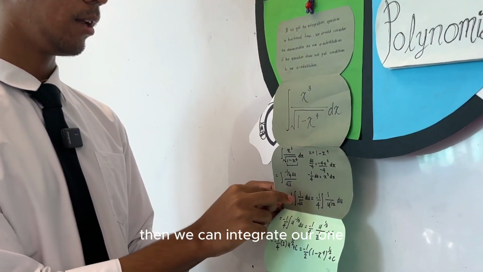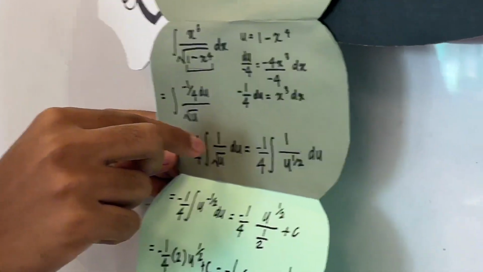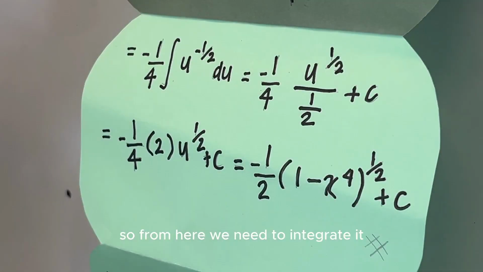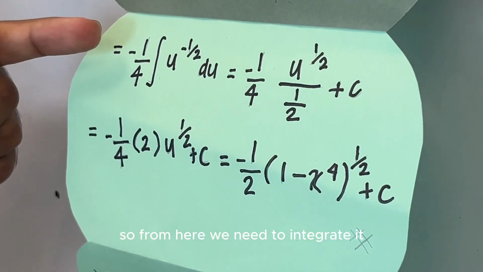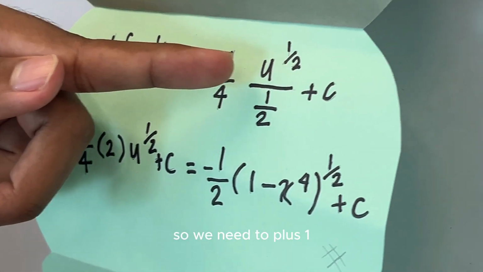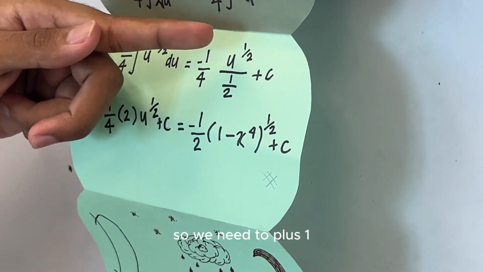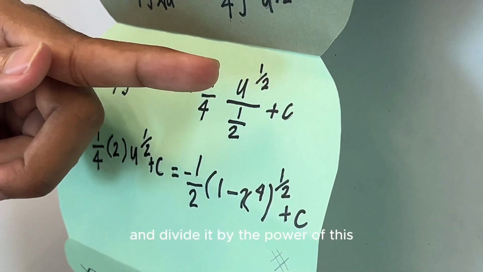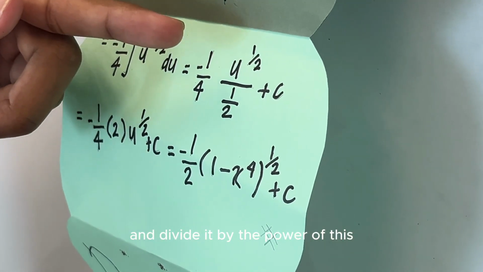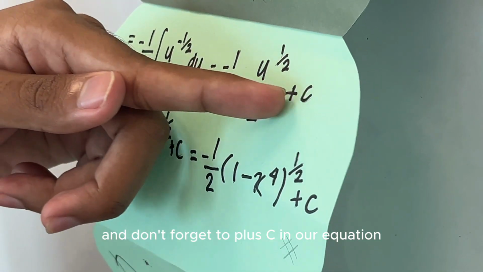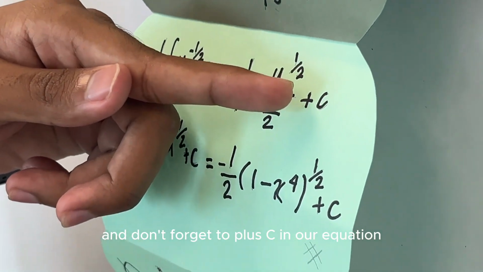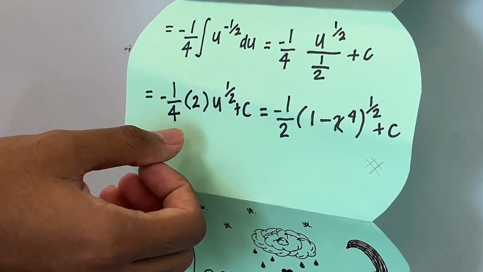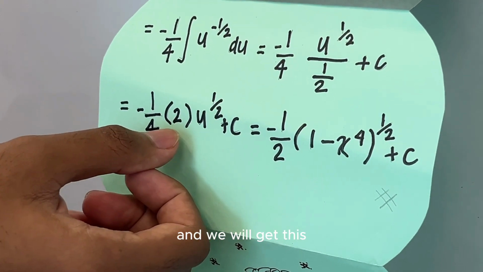Then we can integrate our 1 over root u du. So from here, we need to integrate it. So we need to add 1 to the power of u and divide by the new power. And don't forget to plus c in our equation. Then we can simplify it and we will get this.